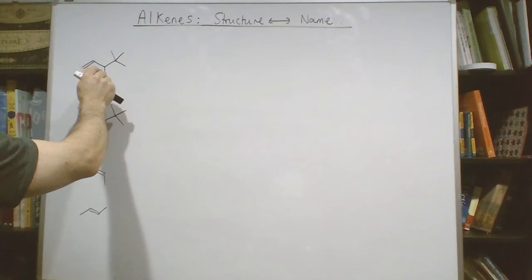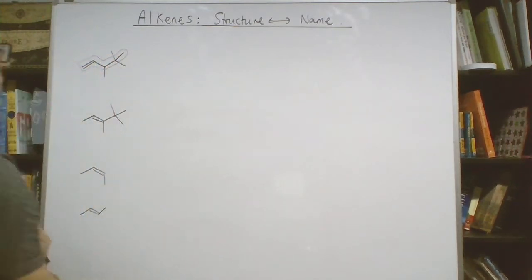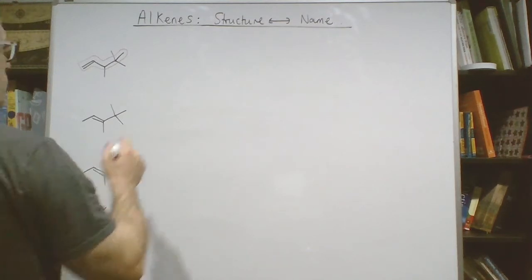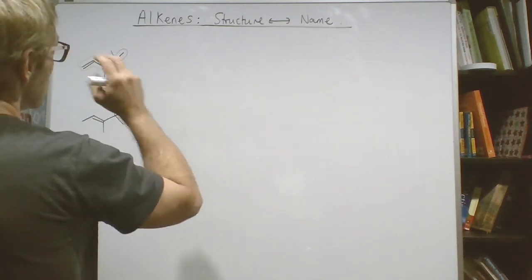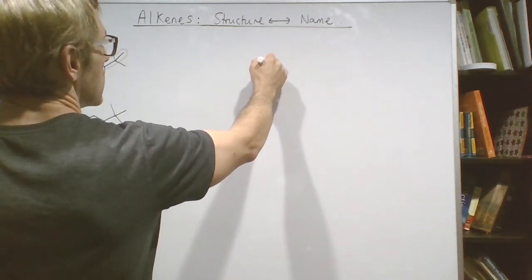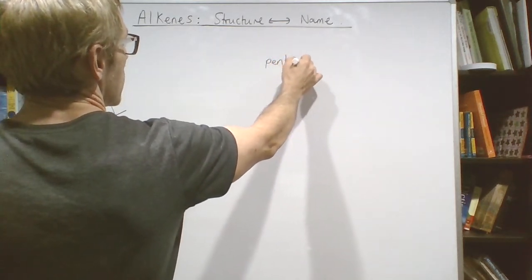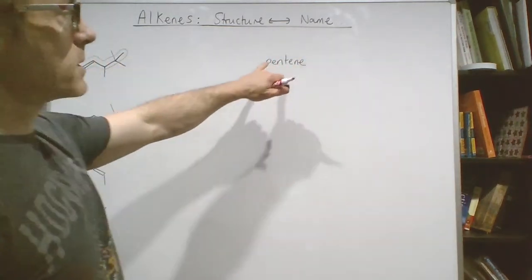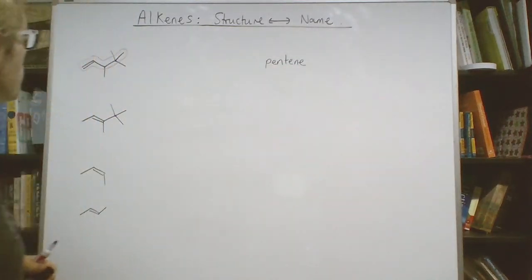So my longest continuous chain definitely has 5 carbons. So I know the 5 carbons are pentene. So 5 carbons is pent. It's an alkene, so it has the suffix -ene.